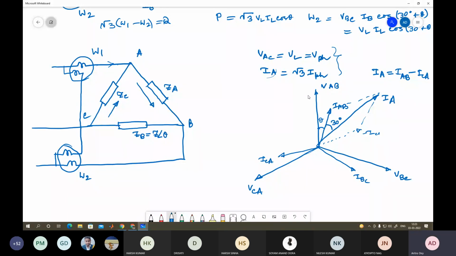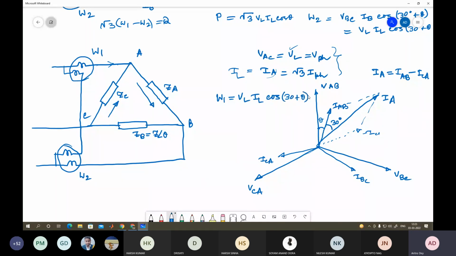So what you are measuring using this wattmeter is IA, which is equal to your IL, and you are measuring VAC, this is your VL, and the angle between these two is 30 plus theta. So cos of 30 plus theta, right? So wattmeter reading W1 is equal to VL into IL into cos of 30 plus theta.